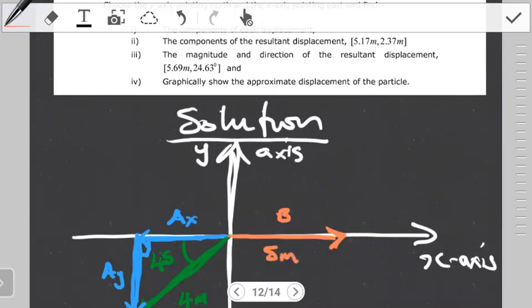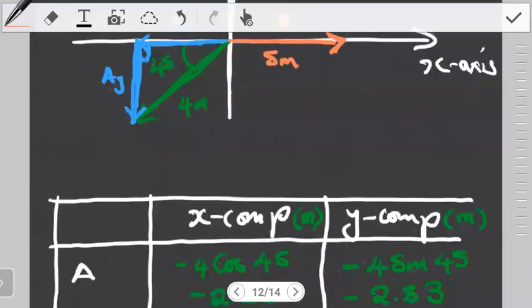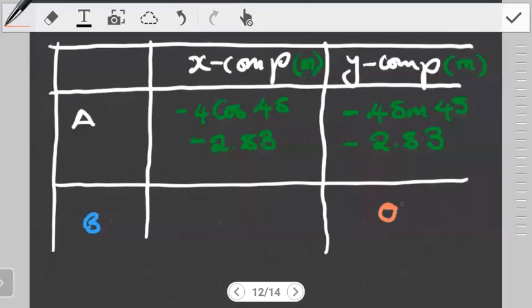So what this should show you is that B has no vertical component. The whole lot of B is along the horizontal, meaning that the y component of B is going to be 0. But all of it will go towards the horizontal. And since it is towards the positive x, the x component is going to be positive. So there was really no work for us here.